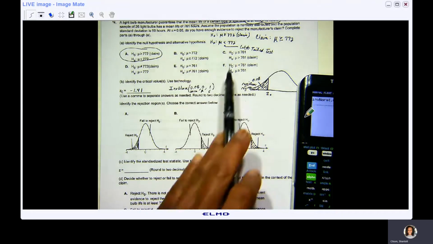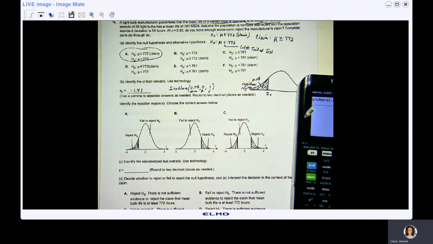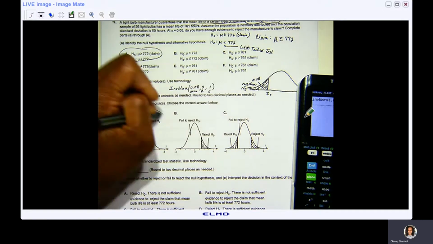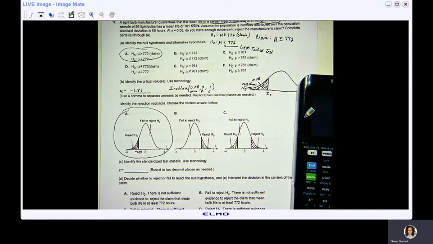Keep in mind, you have a left-tail test, so your shaded rejection region should be the left tail, which would be A. And that means the z-score that corresponds to that is negative 1.41. So we're going to select A. A is definitely the right picture.